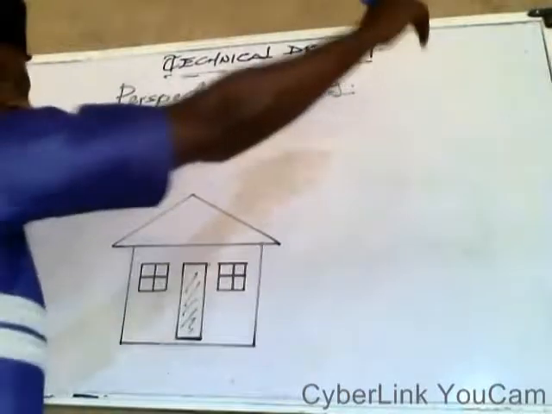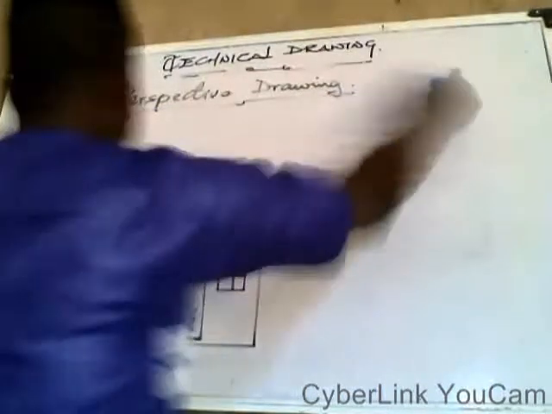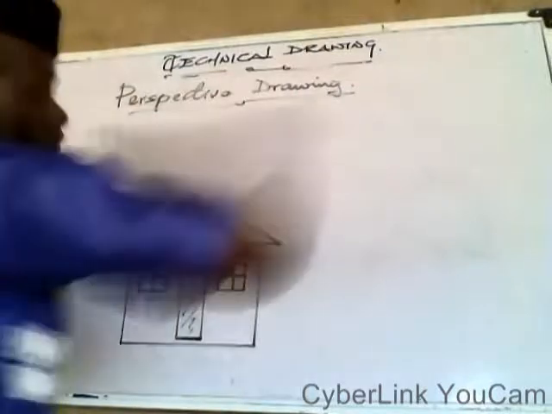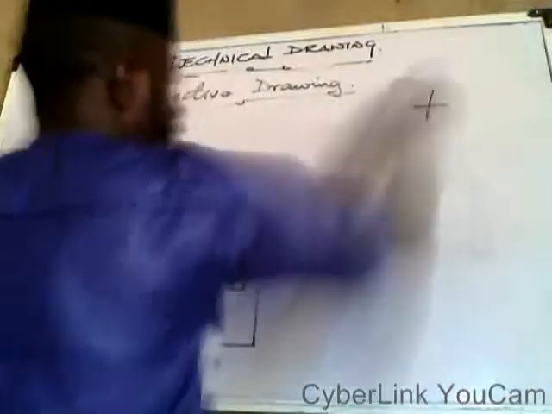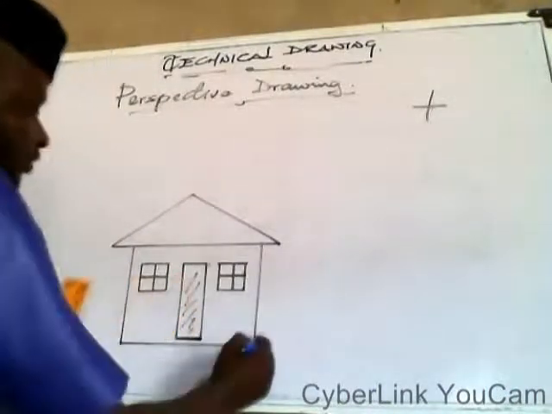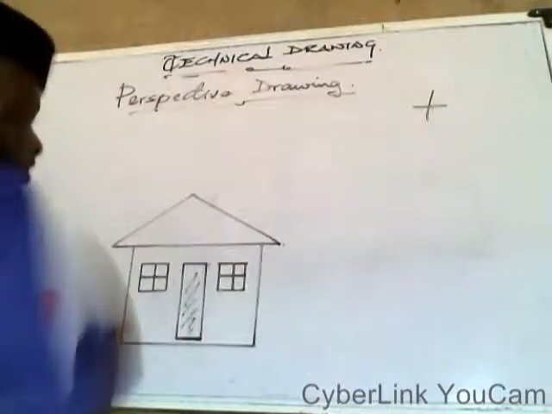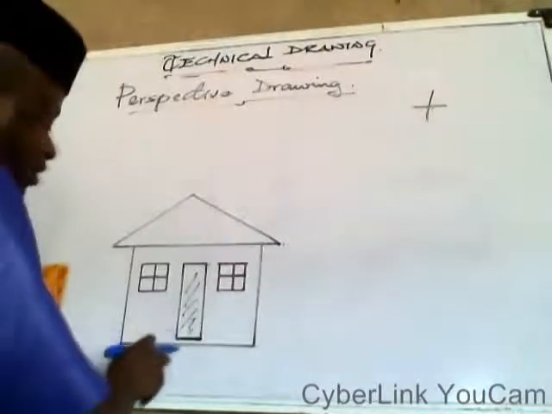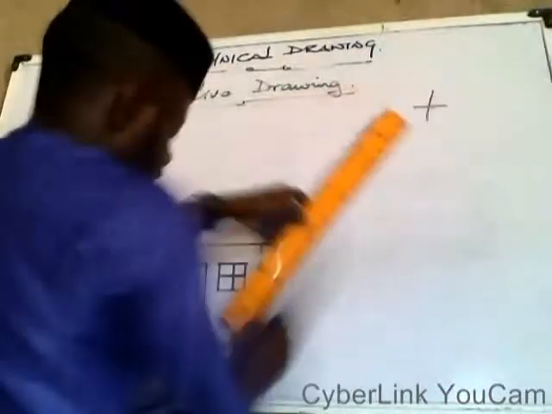So before you can do that one, you make a point at the upper side, at the top of the drawing. It can be this side, it can be this side. But I'm using this side. Let's have something like a plot here. That is our vanishing point. So from this point, all the points that you are having on this front, you now project to this side.